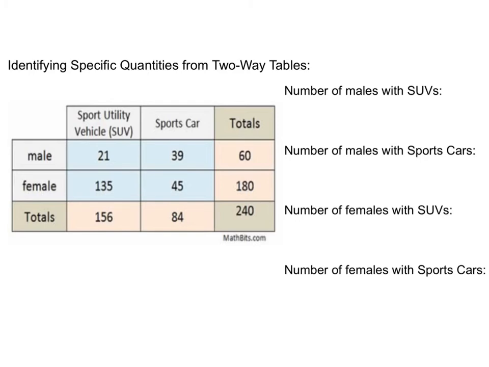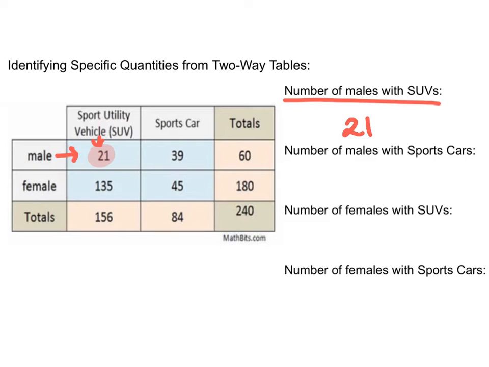Now, if we want to identify specific values, for example, if I wanted to identify the number of males with SUVs, I would look and say, okay, here's the males row and the SUV column, which meet at this one number. So the number of males with SUVs is 21.